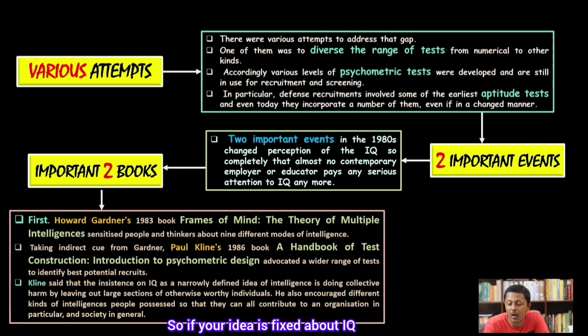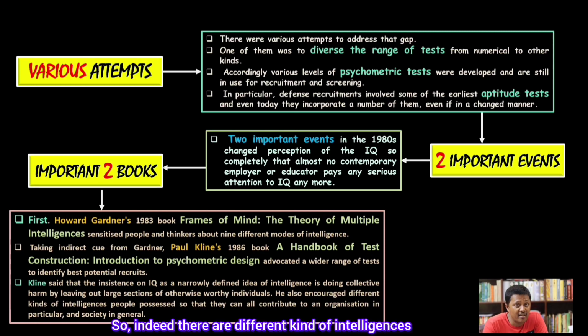So if your idea of IQ or intelligence quotient is fixed in a particular manner, it is wrong, because Dr. Klein made it clear in his 1986 book, A Handbook of Test Construction, that there are various methods that can be used, and you can achieve goals through your IQ levels, and in that way you can give better aspects to your society. You can create a better society around you.